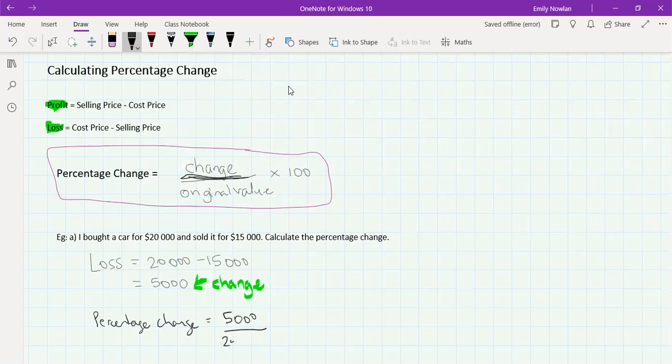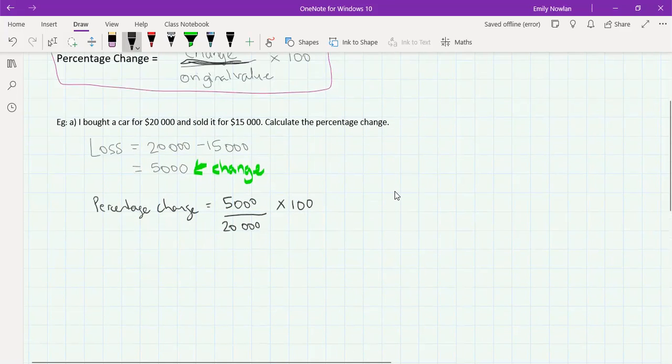How much did we originally pay for it? It was 20,000. And we need to turn that into a percent, so you times it by 100. Now, many of you can do this in your head, but if you can't, just use a calculator and you get a value of 25%. So we would say that's a percentage change of 25%, or some people might say that's a percentage loss of 25%.